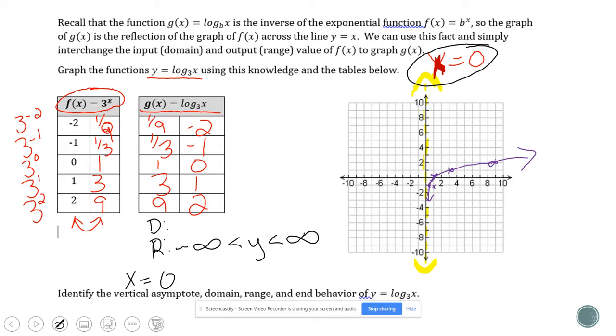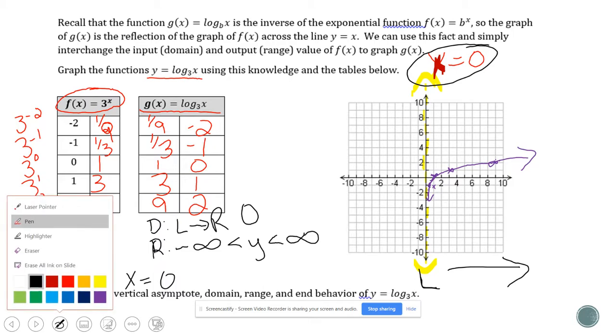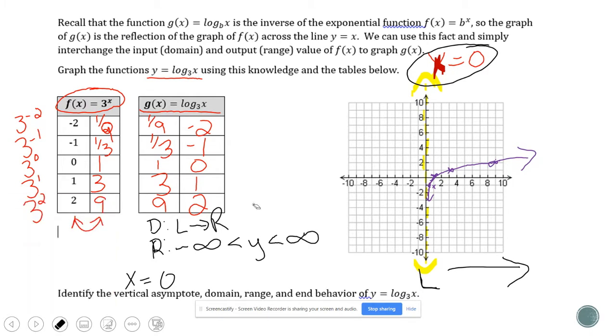So remember, domain is left to right. So on the left side of my graph, we have the asymptote, which is 0. And then our graph is going this way, greater than 0. So our final answer for our domain is going to be x is greater than 0.